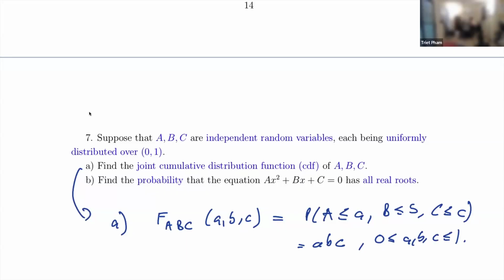So nothing really crazy there. In case you don't know what joint CDF is, it's just a natural generalization of the CDF and the notion of joint. Okay, any question?